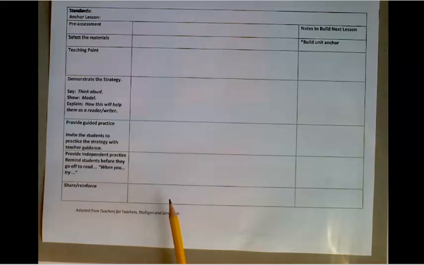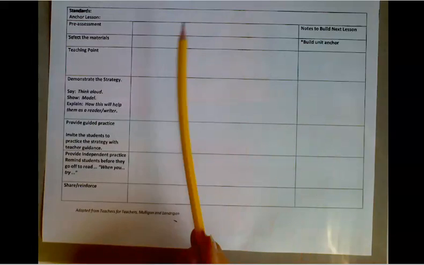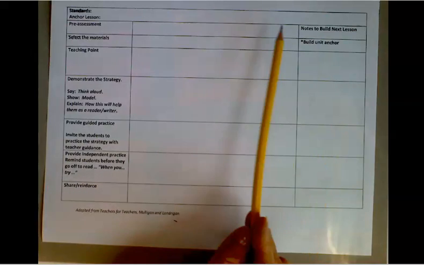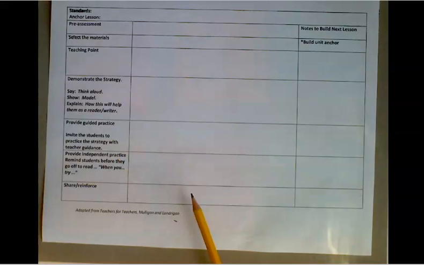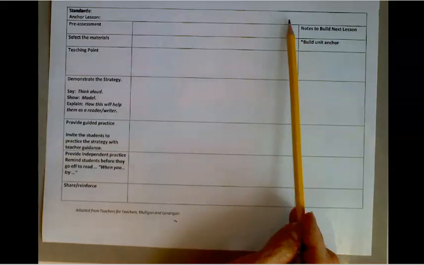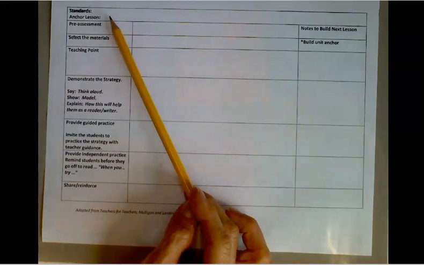For our purposes, you'll want to just briefly, you can even handwrite this and attach it to your lesson. Or some people in the past have talked through this lesson plan and then created the video, so that there was an opportunity to talk through some of the assessment data and why you chose this. This anchor lesson for our purposes really connects back to the case study.